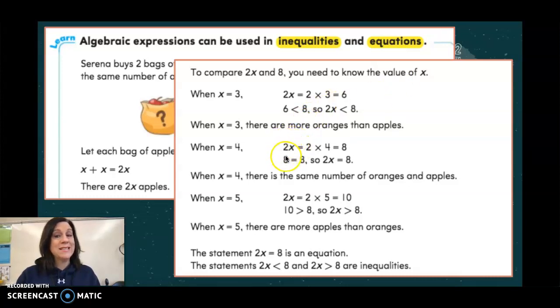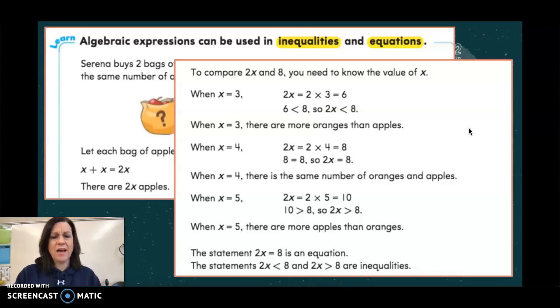Remember, 2x is the apples in the bag. We don't know how many are in each bag, but we know that there are 2 bags. So 2x equals 2 times 4, which equals 8, right? So we've got 8 equals 8. Oh, so that means 2x equals 8. So when x is 4, it means that there is the same number of apples and oranges.